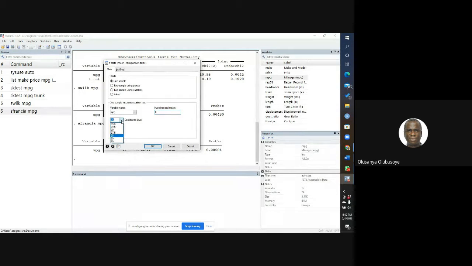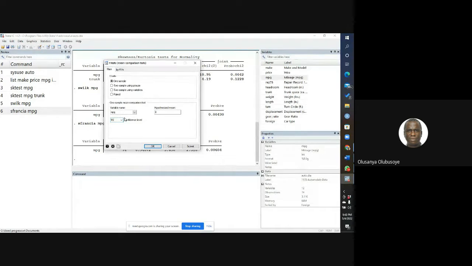You can choose the level you want here. The common one, the default, is 5%. When you choose a confidence level of 95%, it means the alpha level is 5%, that is 0.05, which you call your alpha.